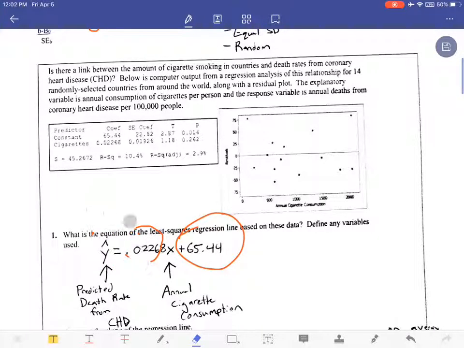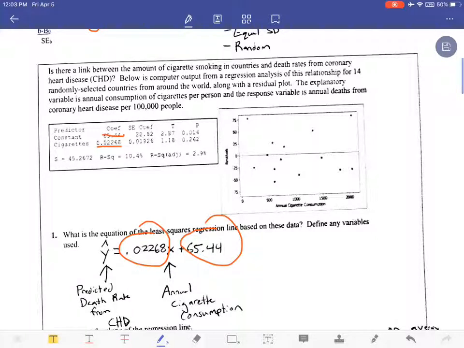To get the slope and y-intercept, that's something that you just get from your computer output table that we learned about last class period. So our slope is going to be this bottom number right here. And then the number on top of that, 65.44, that's going to be your y-intercept. And then this is going to be your slope.